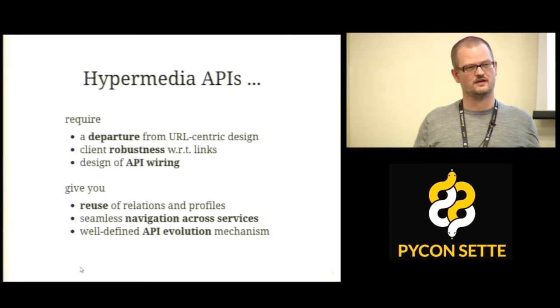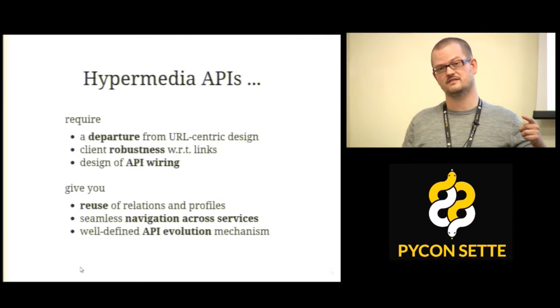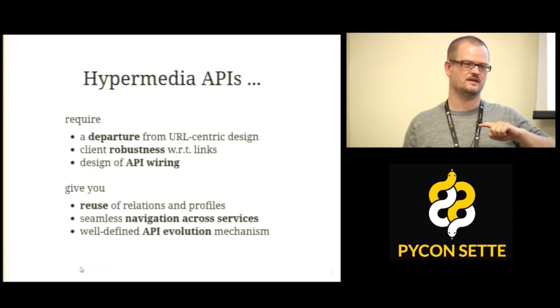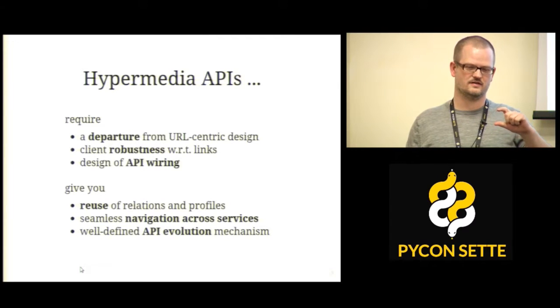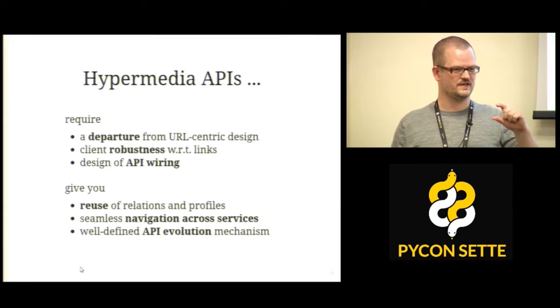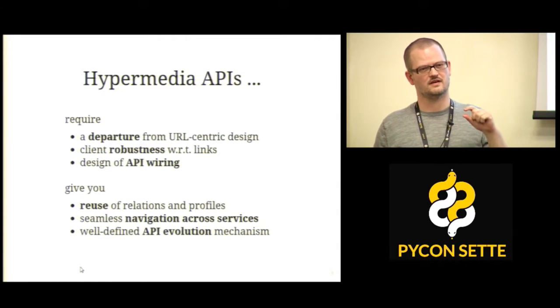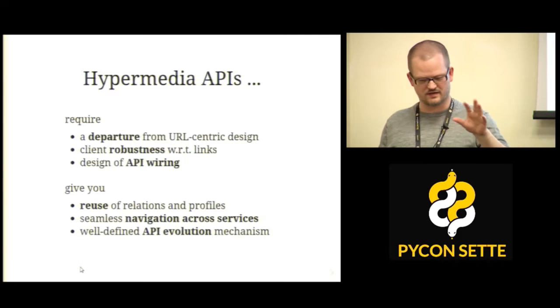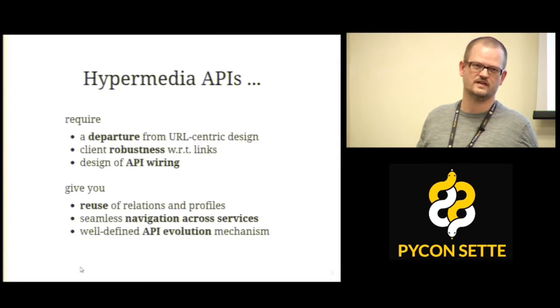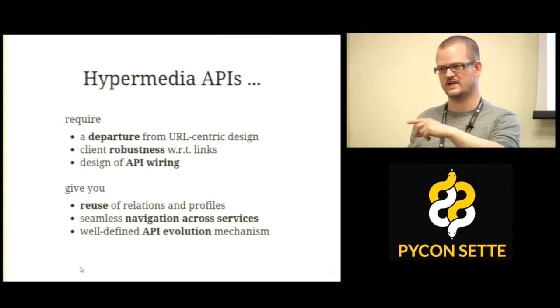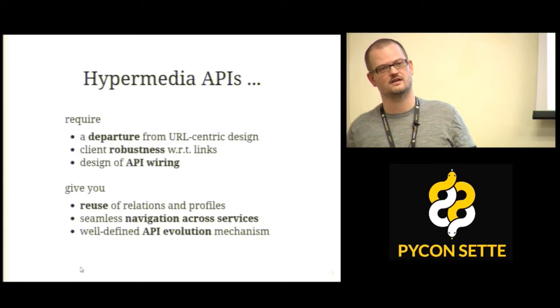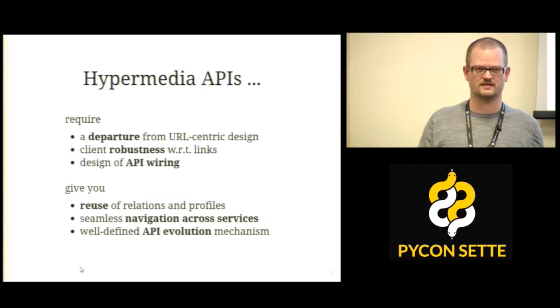They allow navigation across APIs because, as I will show you, the endpoints aren't fixed. So that means that an API that is a ship registry can seamlessly point to another API that is a company registry, something like that.